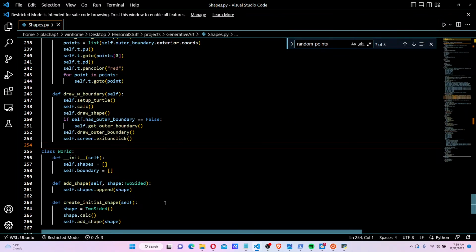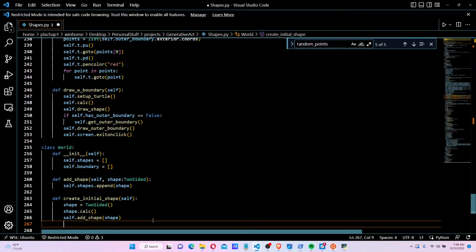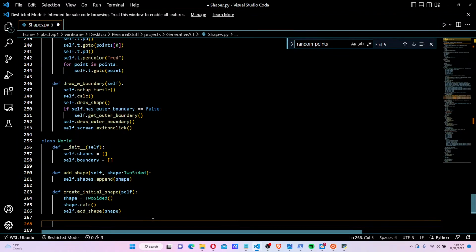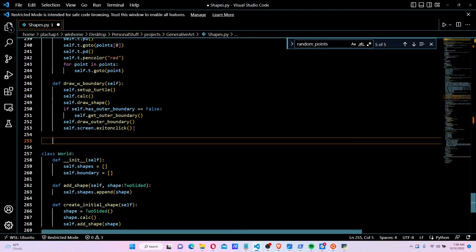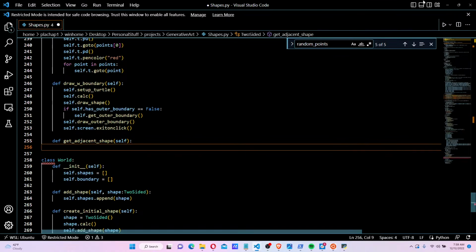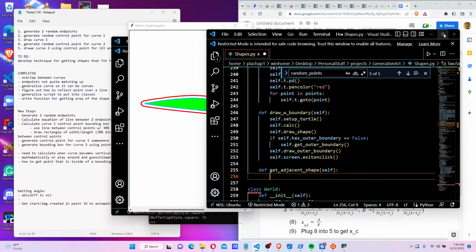So create initial shape. Define get adjacent shape of self.